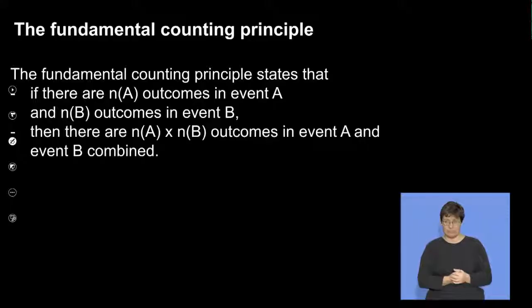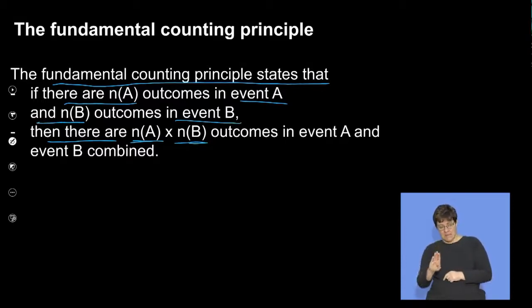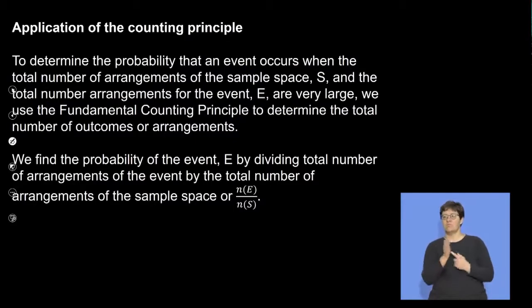The fundamental counting principle states that if there are NA outcomes in event A and NB outcomes in event B, then there are NA multiplied by NB outcomes in events A and B combined. Are we together? Fantastic.